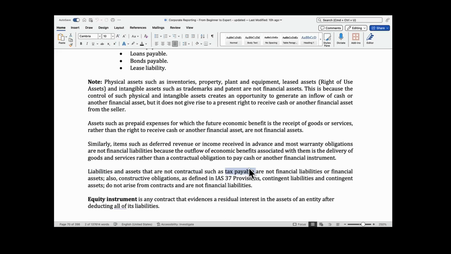Yes, it is an obligation to deliver cash, but it is not contractual. A financial liability is a contractual obligation to deliver cash. So tax payable are never financial liability.